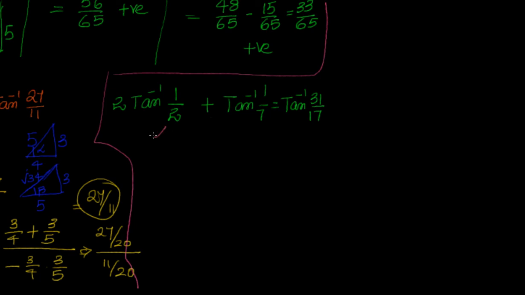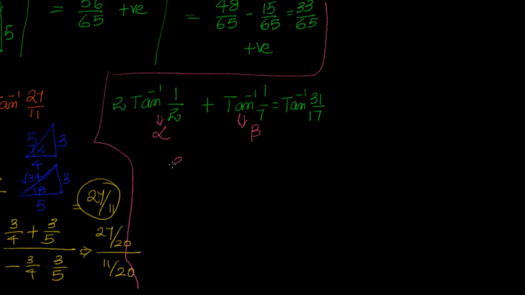Now same, I will take this as alpha. Tan inverse 1 by 2 is alpha. Tan inverse 1 by 7. It's the same approach. What we are trying to do? Take that tan inverse of value as alpha and beta and apply some trigonometric function on that, whatever is needed to prove. Here I have to apply tan so that I can cancel out this, and if I prove that this value is equal to 31 by 17.